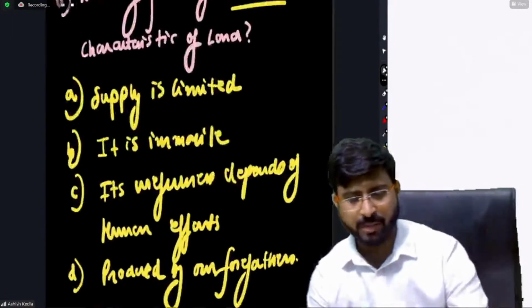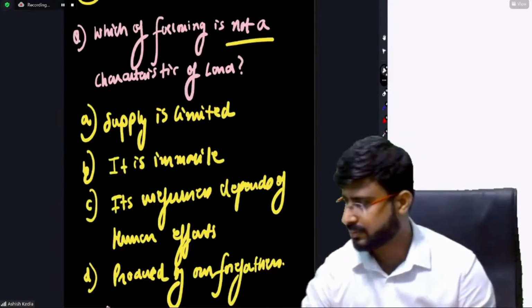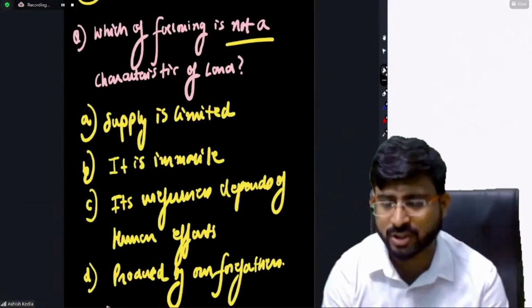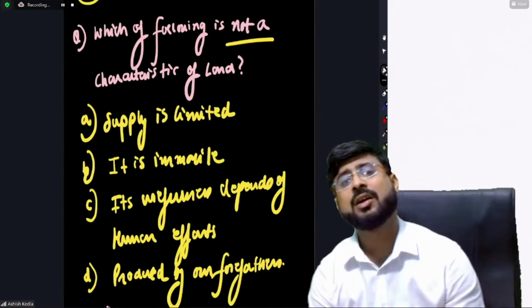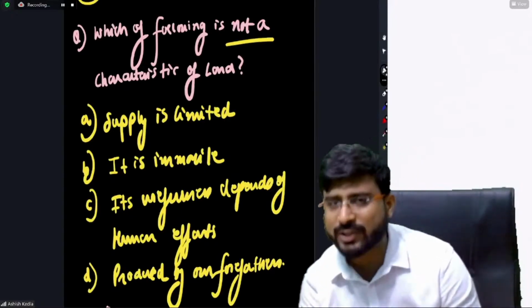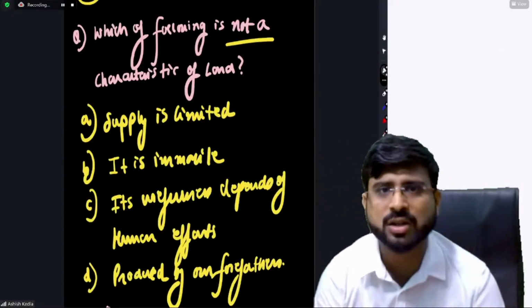So let's discuss some MCQs now. Yes, we can consider two or more isoquants, but production will be optimized only on the one isoquant where it meets the isocost line, that is, where the isocost line is tangent to the isoquant curve.